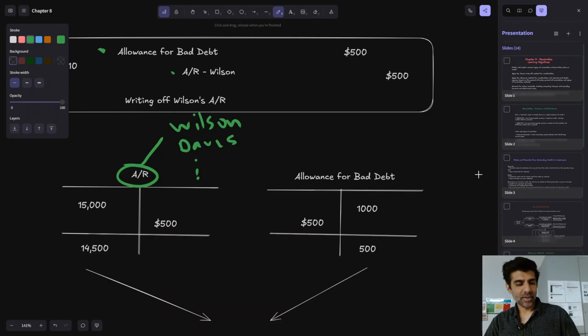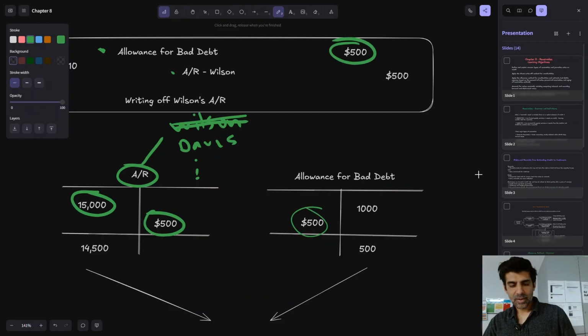You had all these different people. They all constituted this. Now we're getting rid of Wilson. So we're going to credit account receivable 500, and we're going to debit our piggy bank, allowance for bad debt, 500.